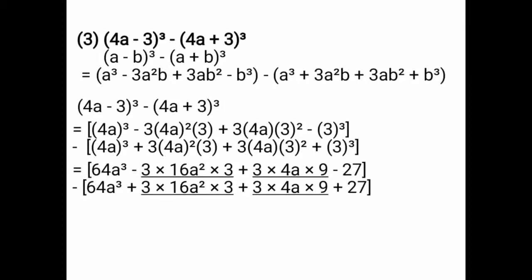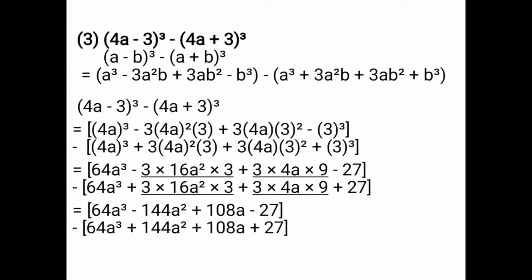That is equal to 64a cube minus 144a square plus 108a minus 27, minus, 64a cube plus 144a square plus 108a plus 27.